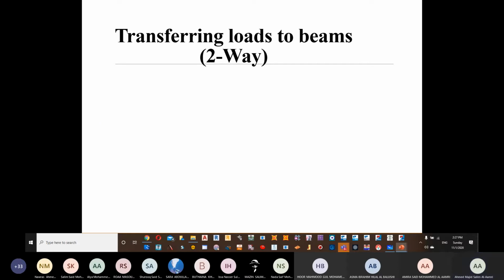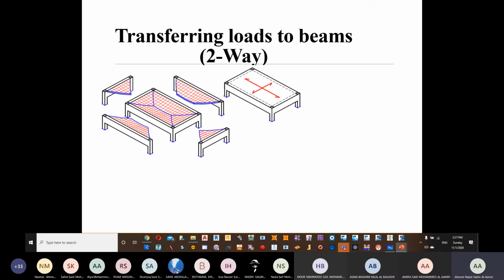Now, in the case of a two-way slab supported by 4 beams, once again this portion from here to here is acting as our Ly, and this portion from here to here is acting as your Lx.